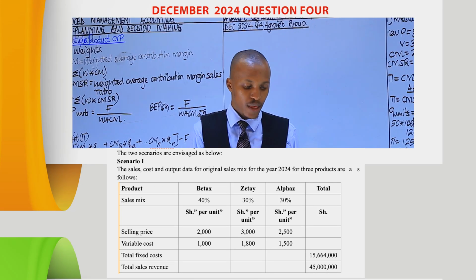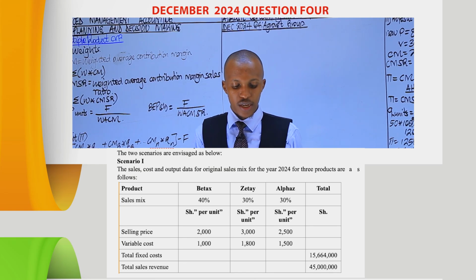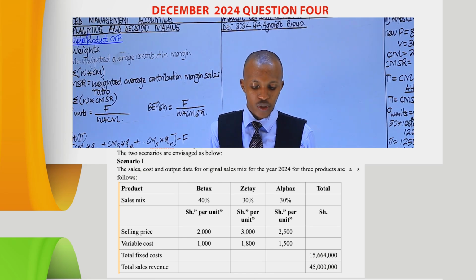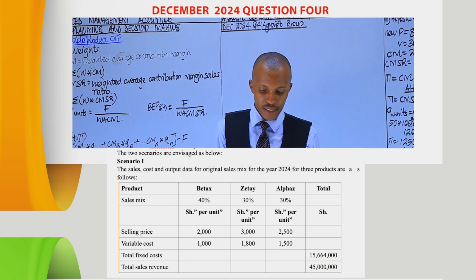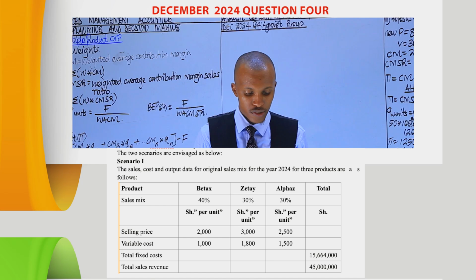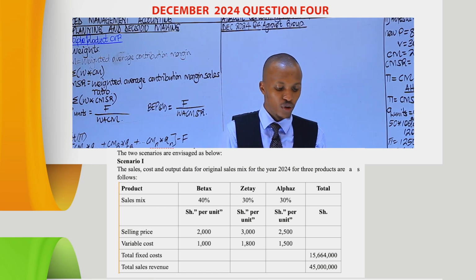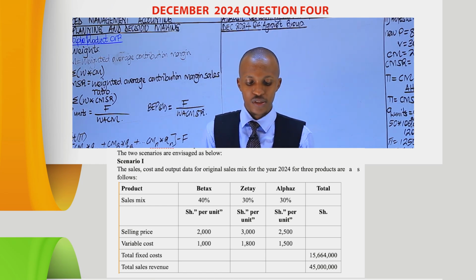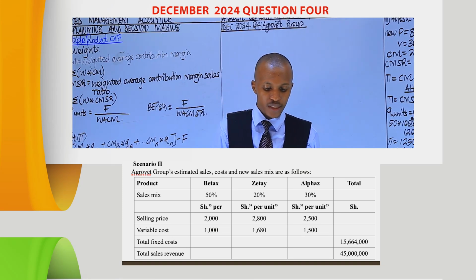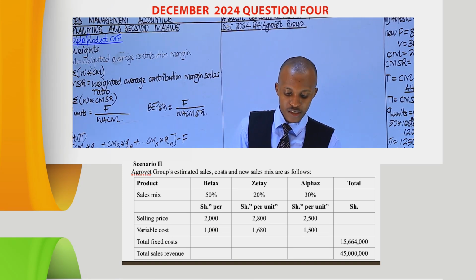Scenario 1, the sales costs and output data for the original sales mix for the year 2024 for the 3 products is as follows. You have your sales mix, your selling price per unit, your variable cost, your total fixed cost, and your total sales revenue. Scenario 2, Agrovet Group sales, estimated sales cost and new sales mix as follows.